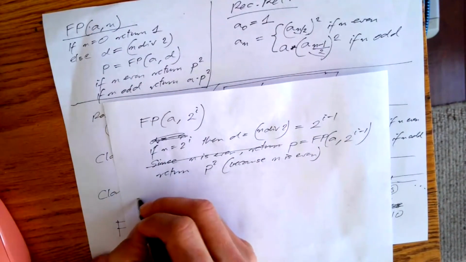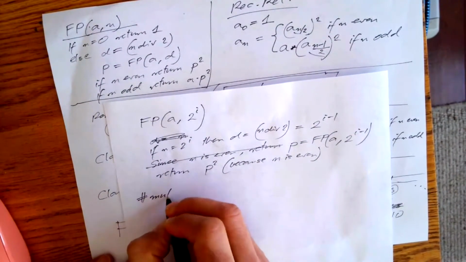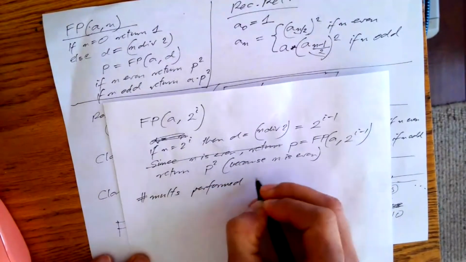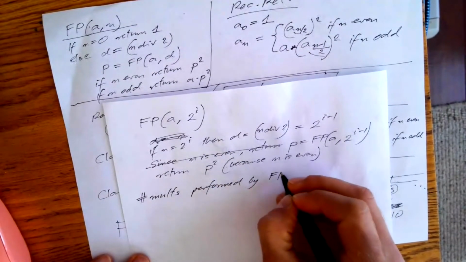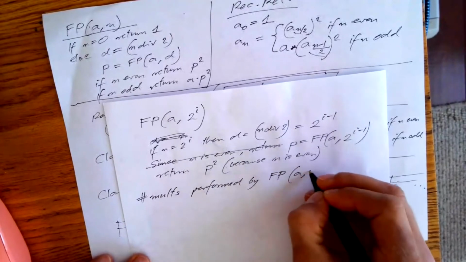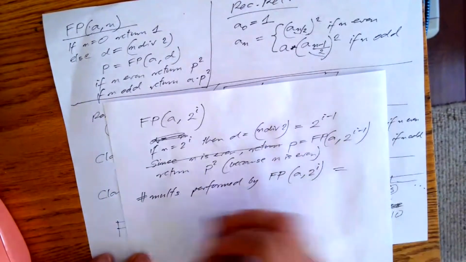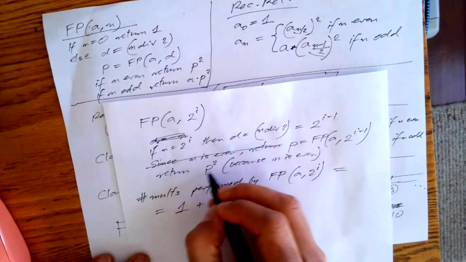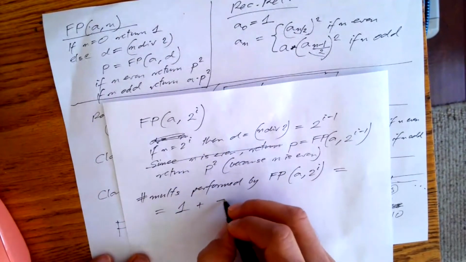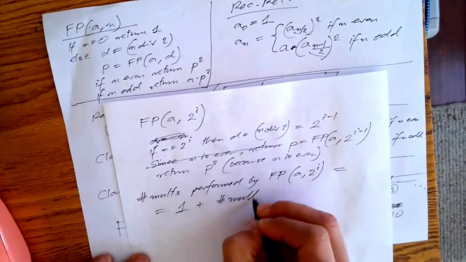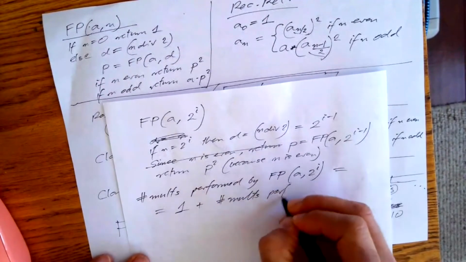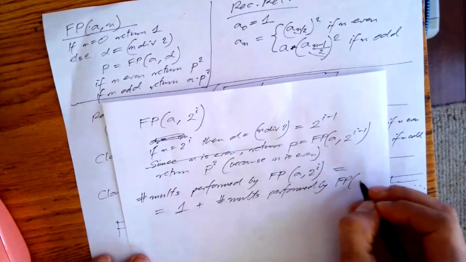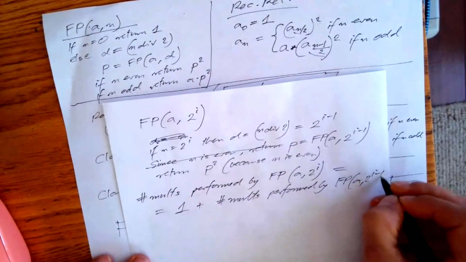So the number of mults performed by fp on a to the 2 to the i equals 1 plus, because here you perform a single mult, the number of mults performed by fp on a to the 2 to the i minus 1.